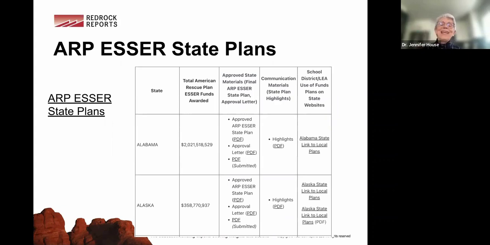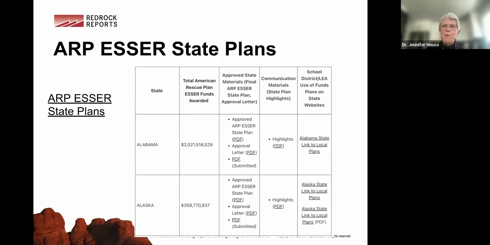And then the districts were to put in a plan. So if you look at it, you can look at how much your state got, then what the state plan is, and then what the LEA or district plans are as well on the websites for the states.